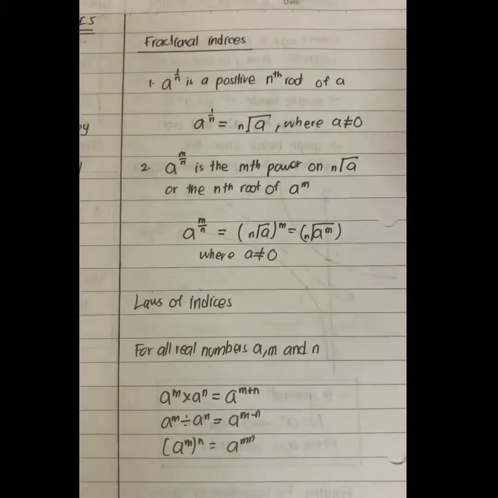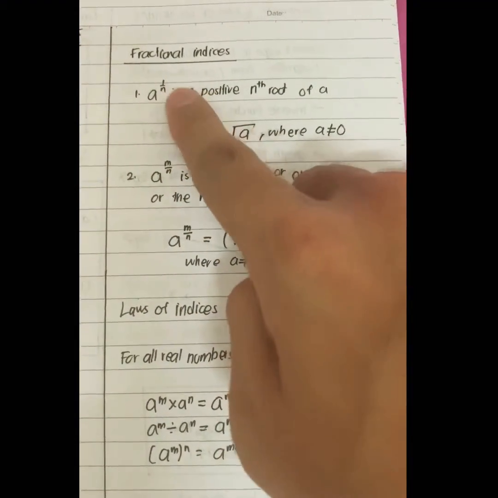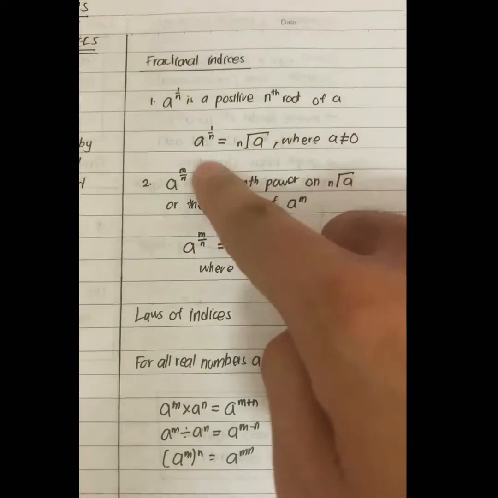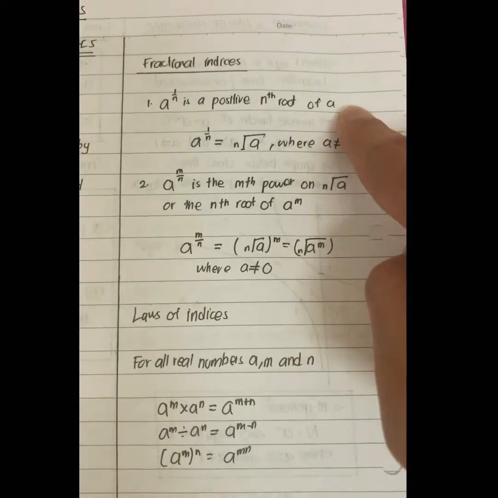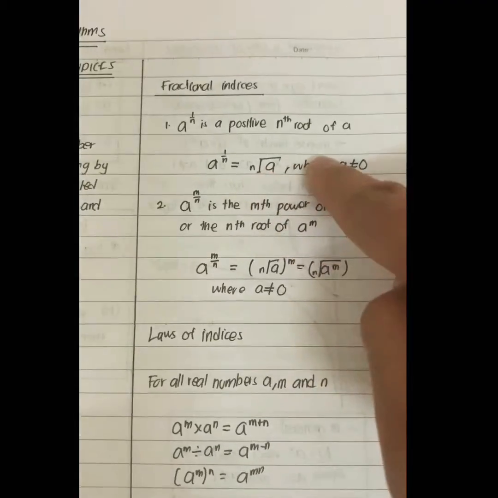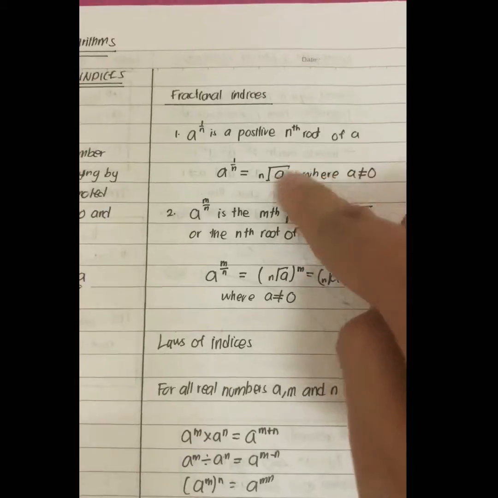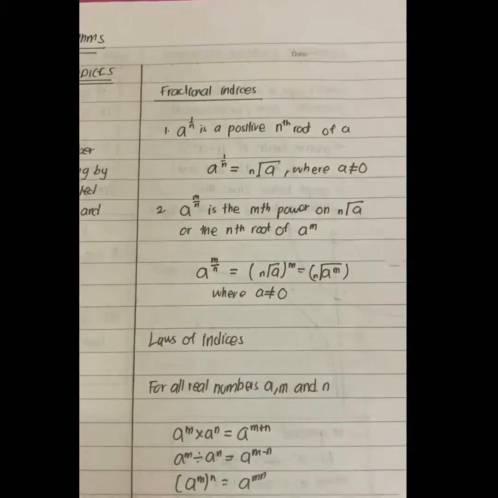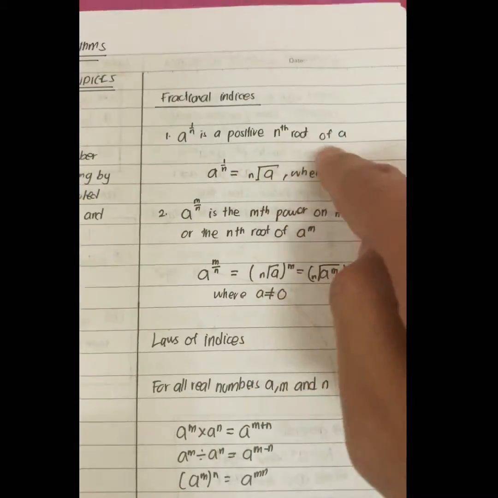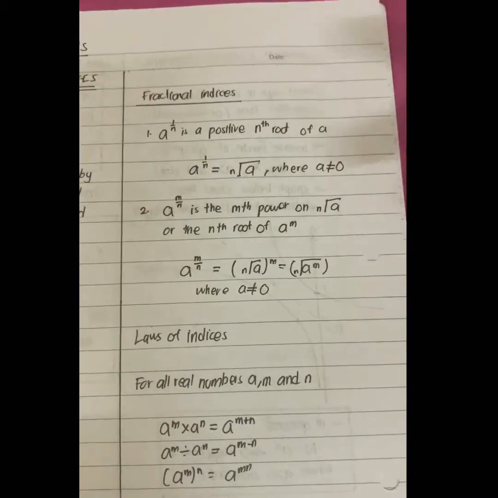Next, we are going to fractional indices, which is the first one. A to the power of 1 over n is a positive nth root of A, which means that A to the power of 1 over n is the n root of A, not a square root. I'm sorry for that. Okay, again. A to the power of 1 over n is a positive n root of A. Okay, for example, square root of 4 is 2.